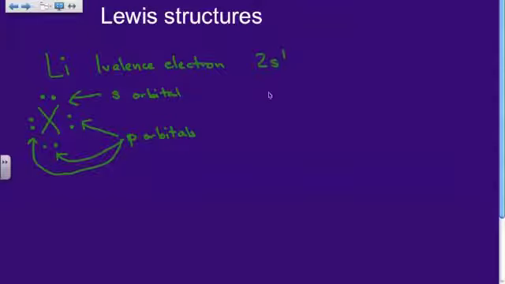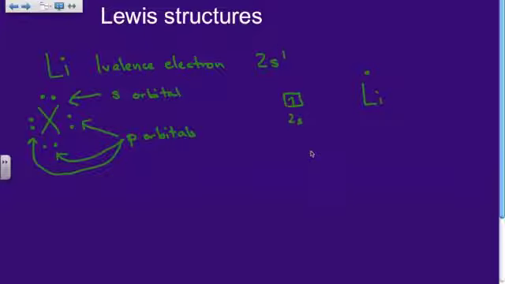So if we look at lithium, its 2s has just 1 electron there, so we simply take lithium and draw 1 dot.